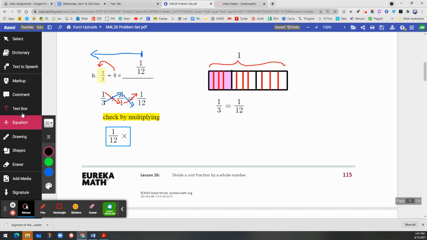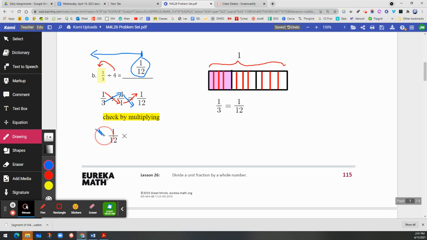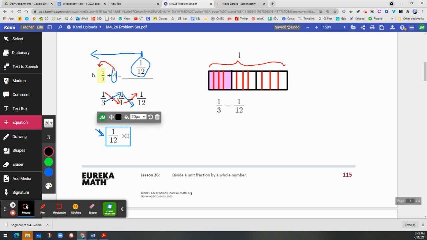So now we have 1/12 down here, and now we're going to multiply it by 4. So we're going to insert the 4, and any whole number that needs to be multiplied by a fraction needs a 1 as the denominator to make sure this is a correct way to solve the problem.